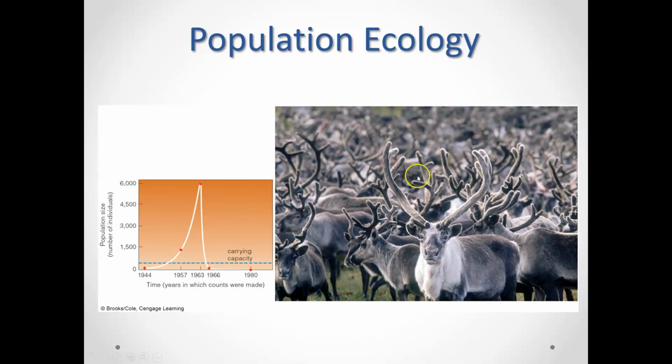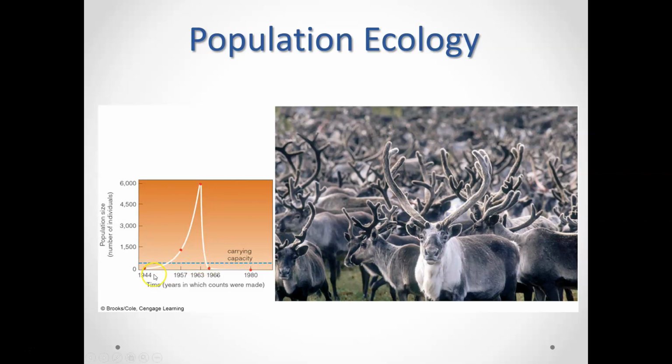I'm going to skip this part, but essentially this is just illustrating that most populations actually will way overshoot their carrying capacity, and then they come crashing back down. And there's different examples that you can find online of this overshooting carrying capacity. This one has to do with reindeer off an island in the northern Pacific right around World War II.